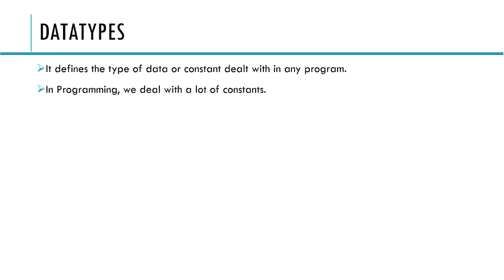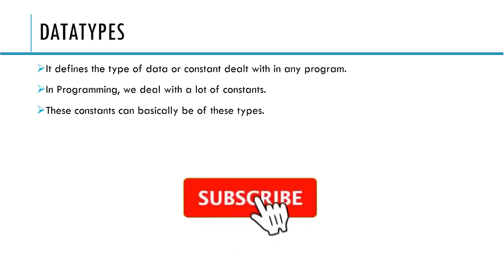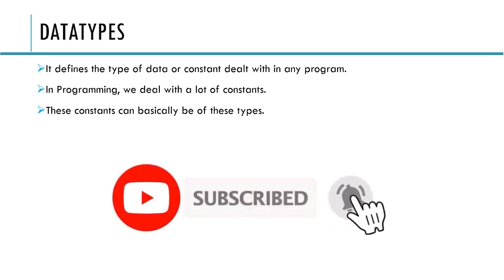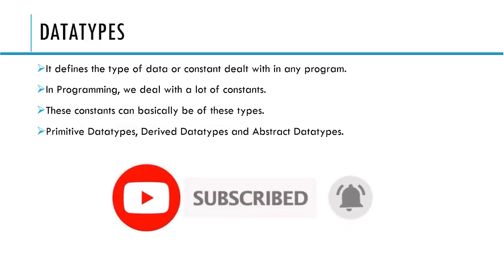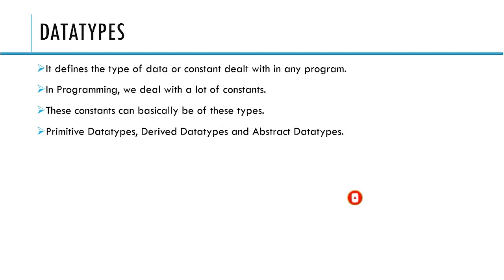In programming, we deal with a lot of constants, and these constants can be of different types, and so the data types are of different varieties. So what is the basic classification of data types? Data types can be primitive data types, derived data types, or abstract data types.